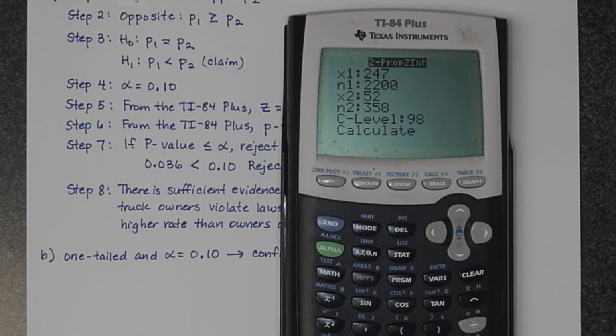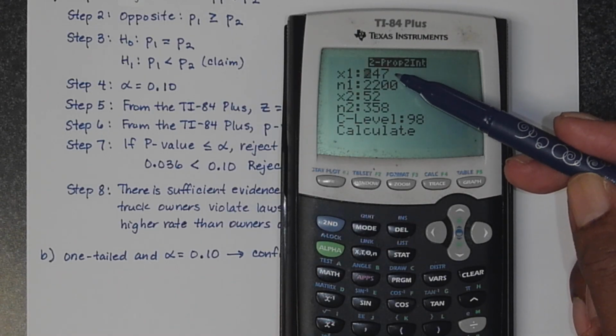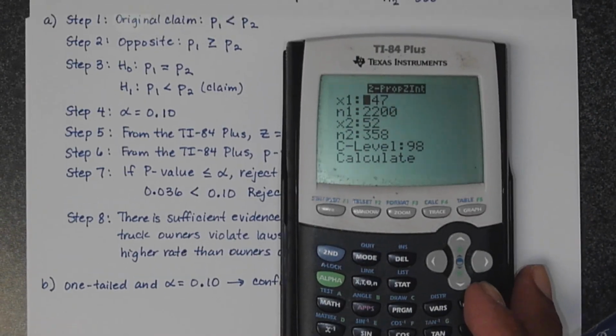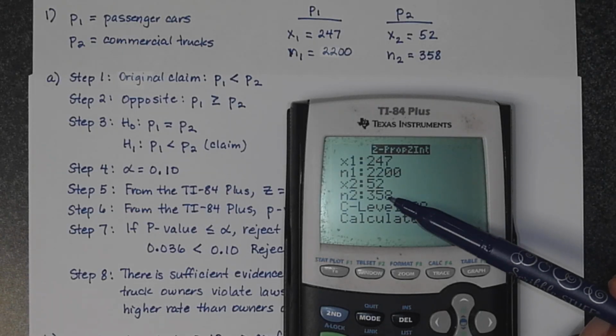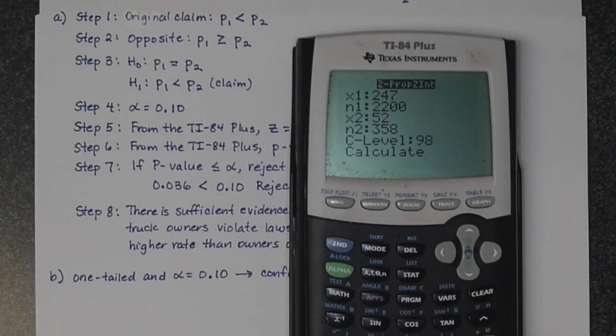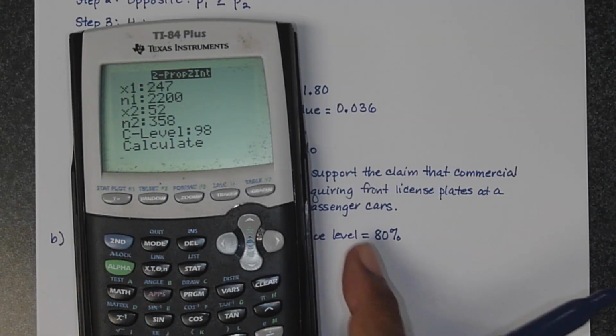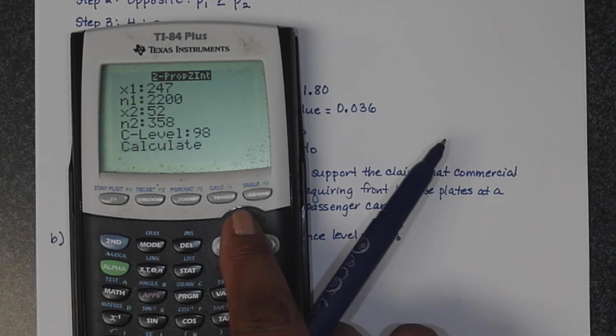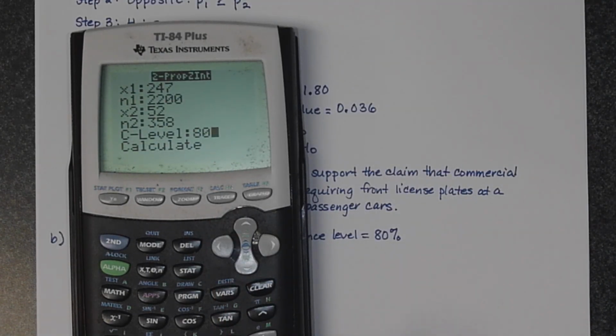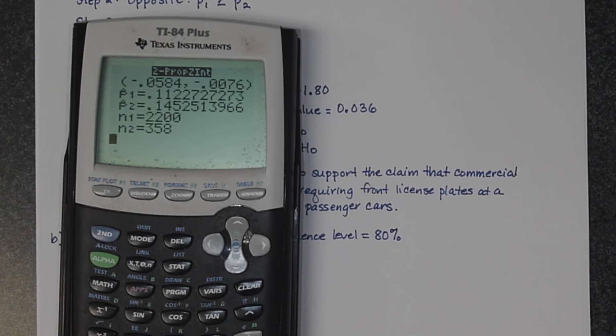Press enter. And then X1, it should still be 247. N1 is 2200. X2 is 52, and N2 is still 358. The confidence level, we need to change this to 80%. So we go down here to where confidence level is, change that to 80, or 0.80 if you want to, and then select calculate and press enter.